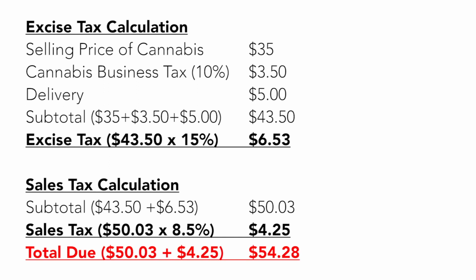At the end, when it's all said and done, the total due is $50.03 plus $4.25, which is $54.28. Okay, so your $35 eighth comes out to a total cost of $54.28.